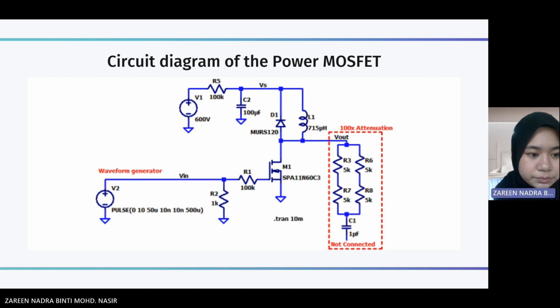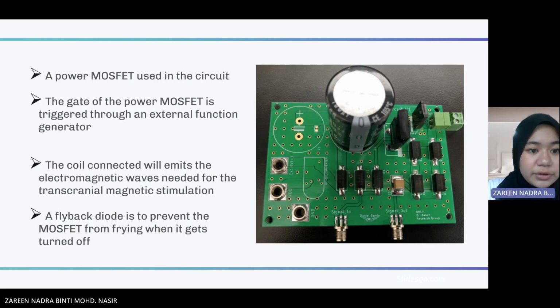All right, moving on to the functions of the MOSFET in this medical device. The MOSFET is used in the circuit, and the gate of the power MOSFET is triggered through an external function generator. There is also a coil connected to the MOSFET, which emits the electromagnetic wave needed for transcranial magnetic stimulation to treat and detect any disease in the brain.